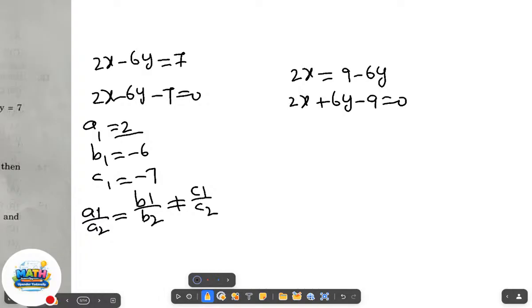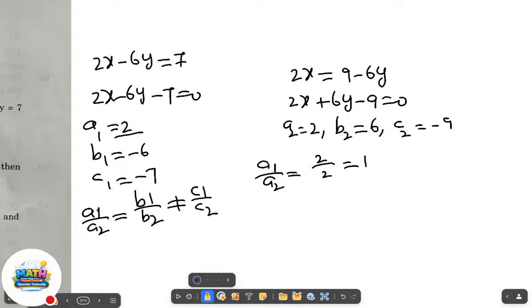So a2 is 2, b2 is 6, c2 is minus 9. Let's check a1 by a2: a1 is 2 and a2 is 2, so 2 by 2, which equals 1. b1 by b2: b1 is minus 6, b2 is plus 6, which equals minus 1.